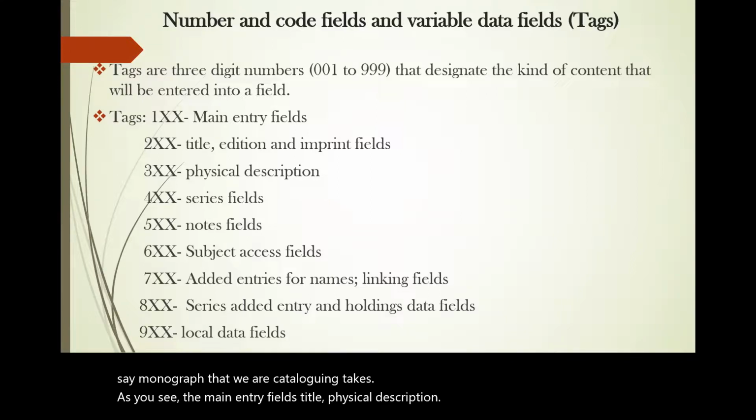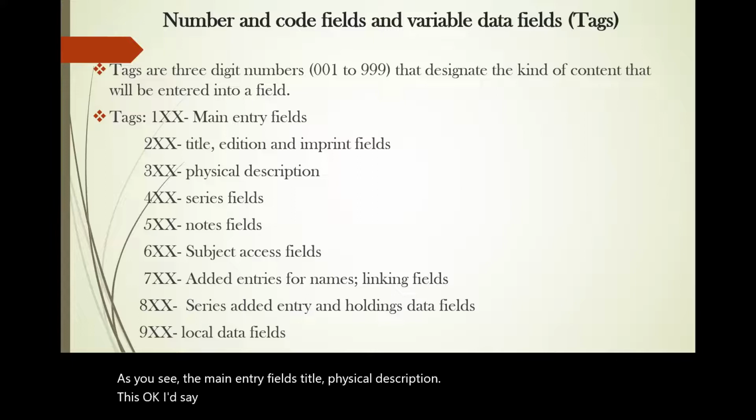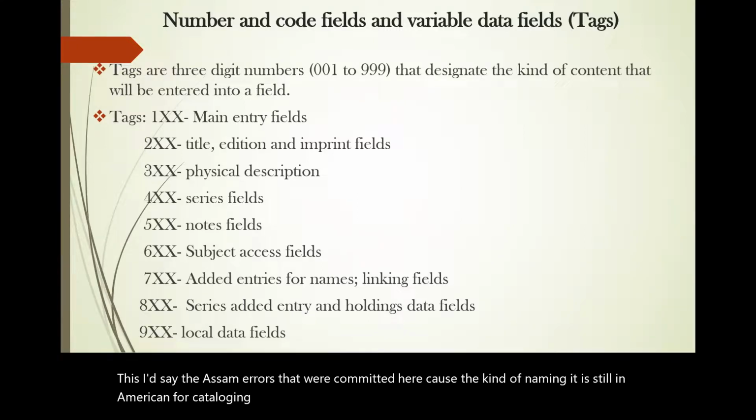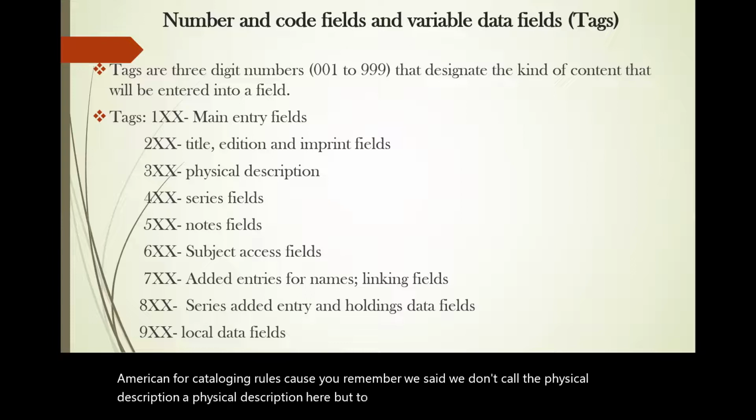I'd say there are some errors that were committed here because the naming is still in Anglo-American Cataloguing Rules. Remember, we said we don't call it physical description here, but describing the carriers.